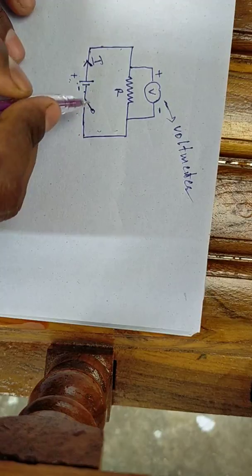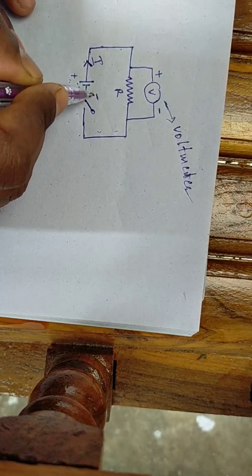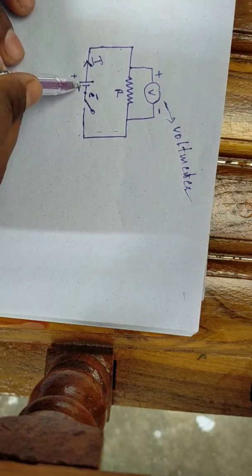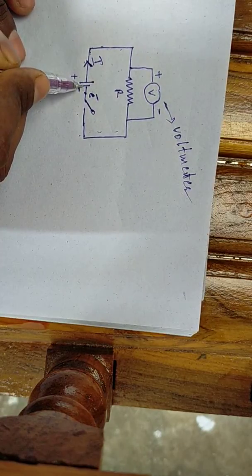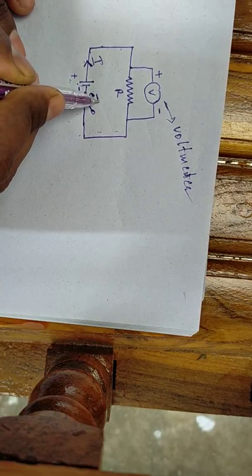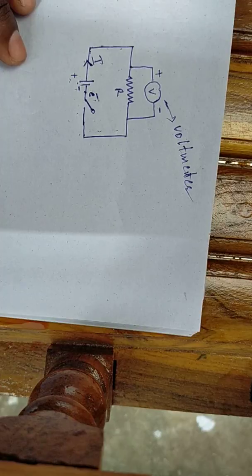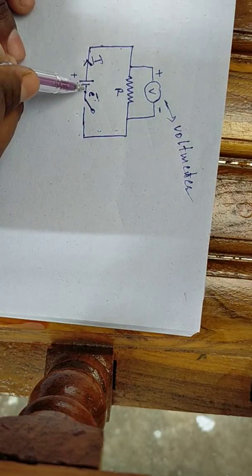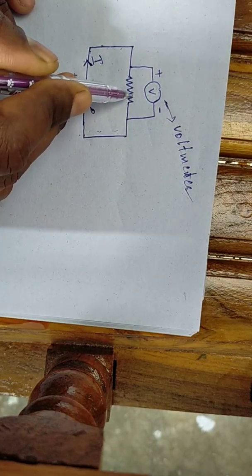If there is an electron inside the conductor, it has negative charge, and this is the negative terminal of the battery, also negative. Negative and negative will repel, like charges repel and unlike charges attract. So these electrons in the conductor will repel and move throughout this circuit in a closed path.